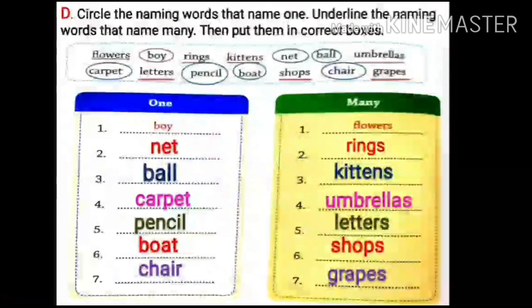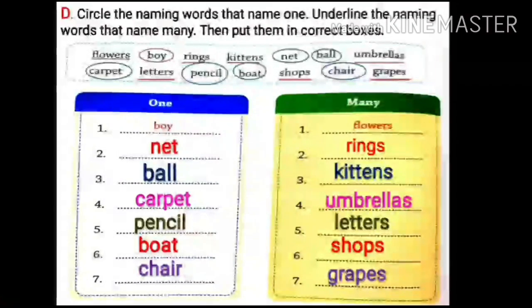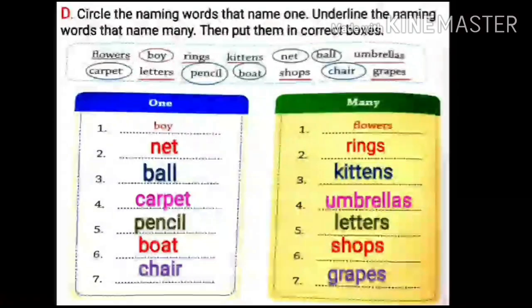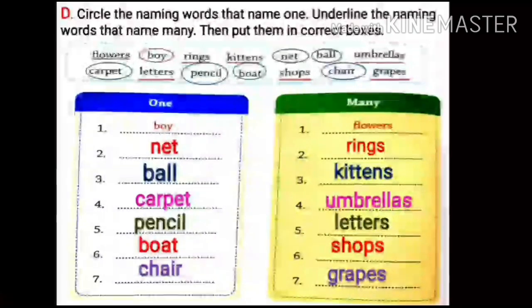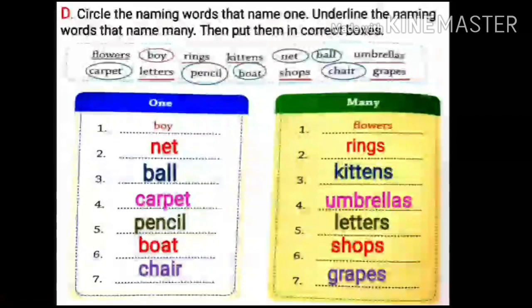G-R-A-P-E-S, grapes. Dear students, I hope everyone has understood this. The words that show one, you are going to circle them. And the words that show they are many, you are going to underline them.